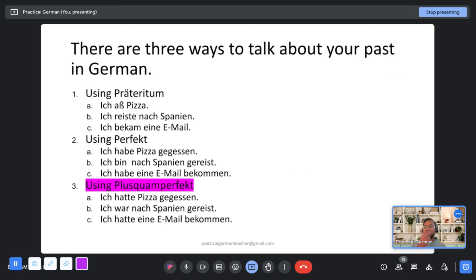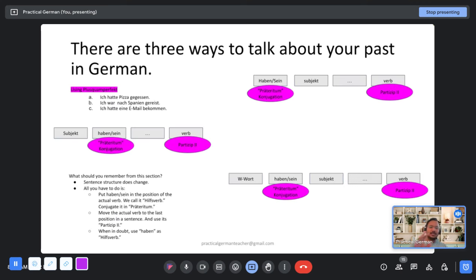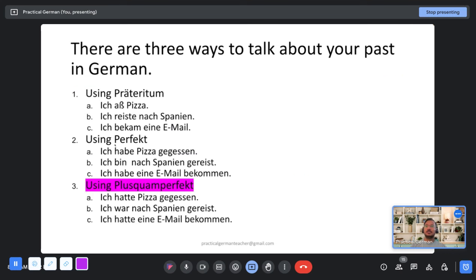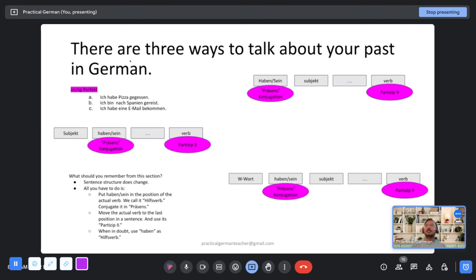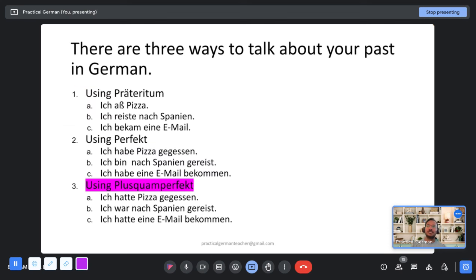Let's continue. Plusquamperfekt, not needed for you. But if you're reading books in German, then you may need it. What happens is that there is no big difference. In Perfekt, you use haben or sein in present tense. In Plusquamperfekt, you will have to use haben or sein in Präteritum.